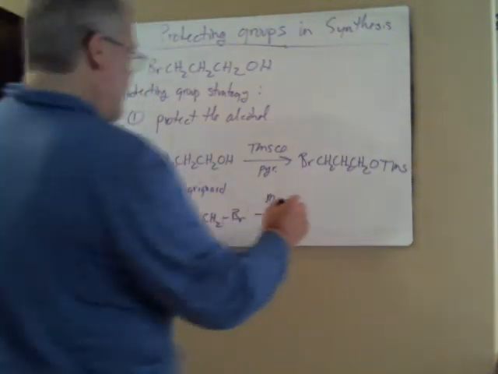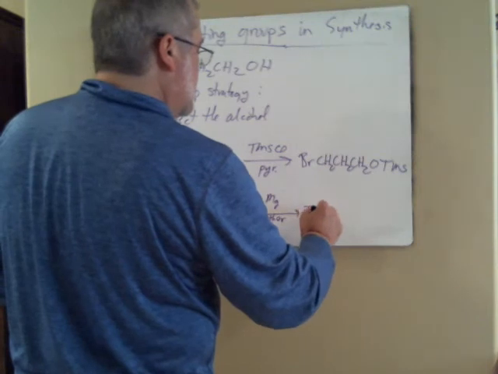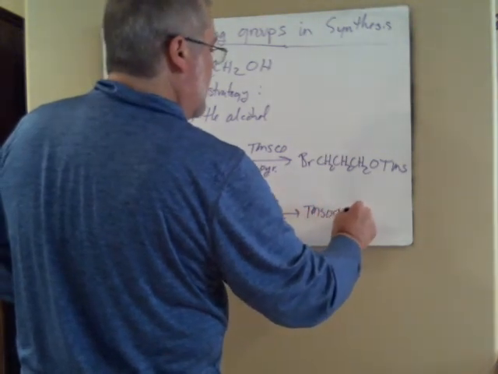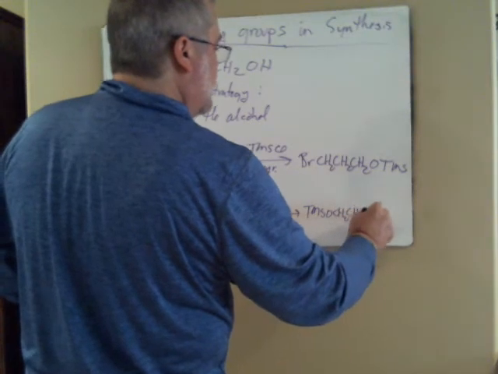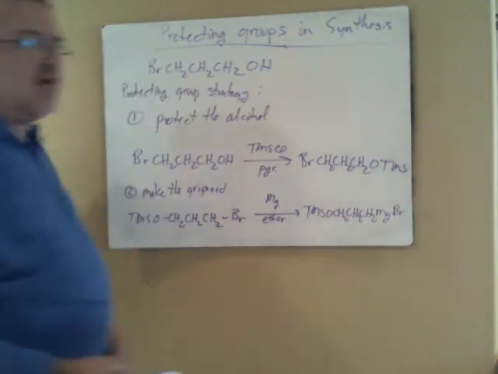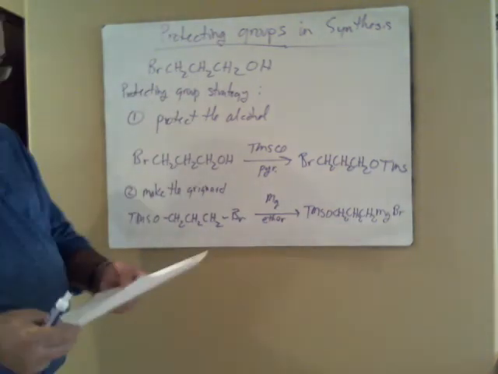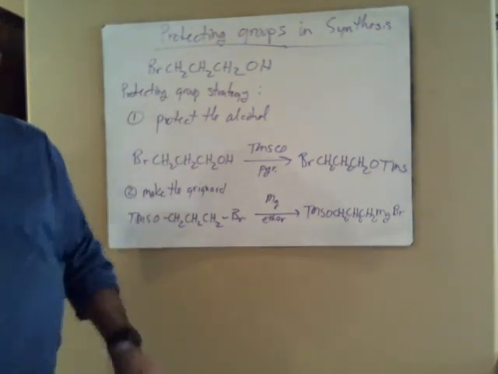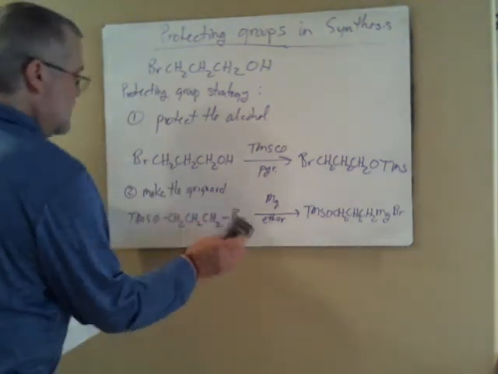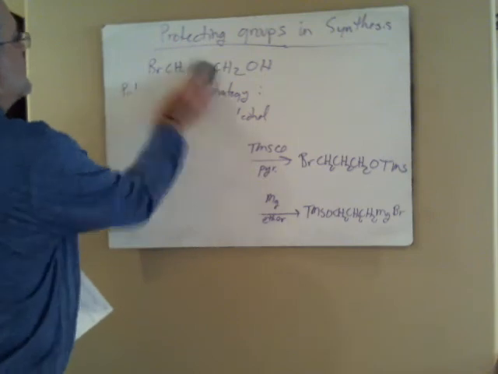And that's going to form the Grignard. And it can do that because the alcohol functionality is masked. So I'm able to form that Grignard. Okay? Once that Grignard is formed, then I can carry out my reaction.